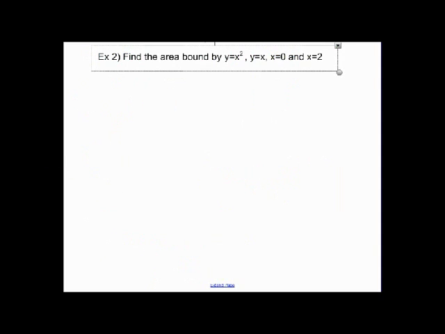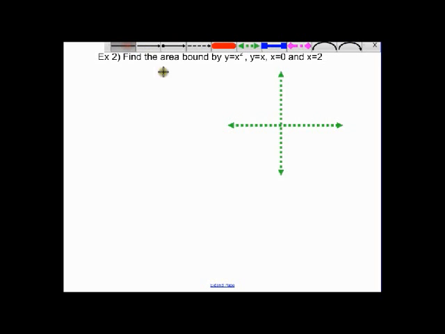Now I want the area bound by y equals x squared, y equals x, x equals 0, and x equals 2. So let's graph that whole shindig and see what's happening. You guys should remember what x equals 0 and x equals 2 look like. They are vertical lines, x equals 0, and let's call this x equals 2.